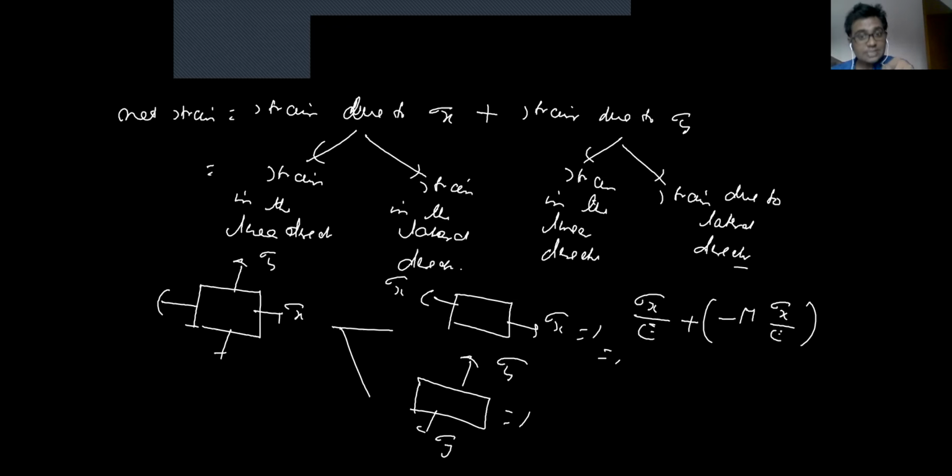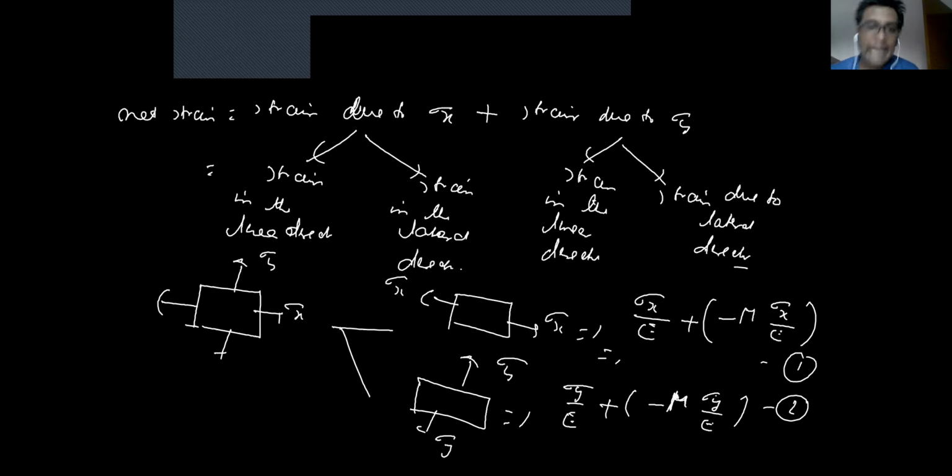right? This is the strain due to sigma x in the linear and the lateral direction. In the same way, the strain due to sigma y is sigma y upon E minus mu sigma y upon E. This is the first equation and this is the second equation.